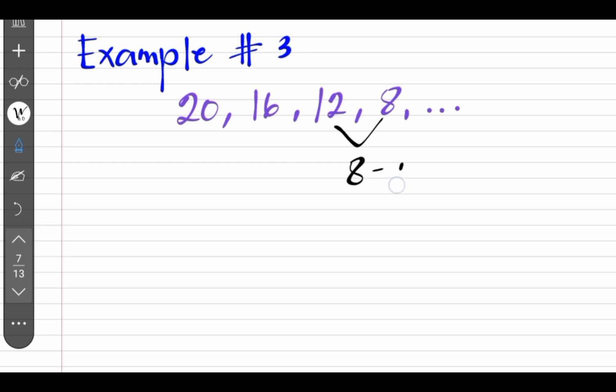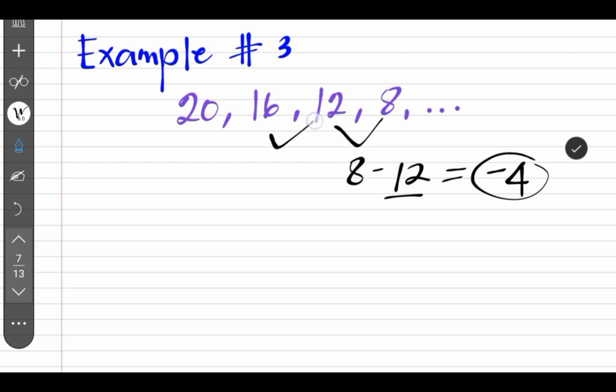8 minus 12 is equal to negative 4. Why negative 4? Because 12 is higher than 8, so the result is negative.